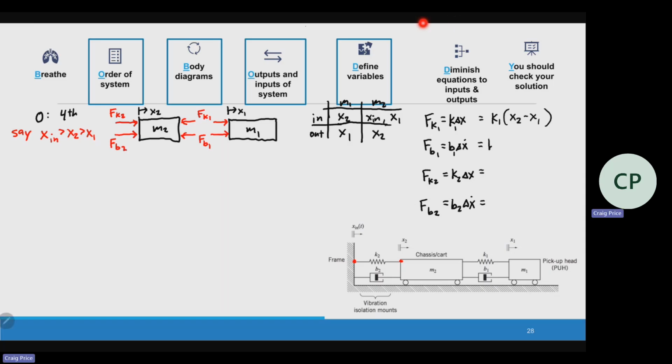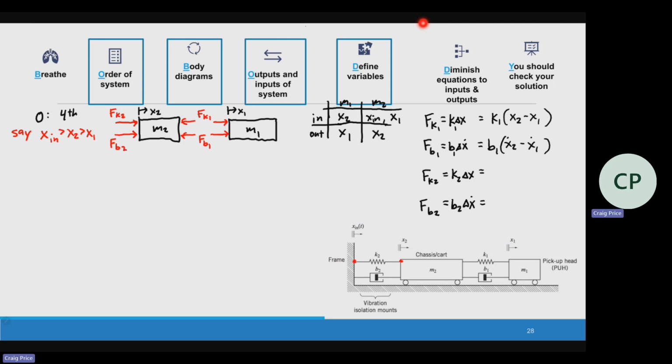What about FB1? Now we're dealing with velocities. So now we got the difference. Again, same direction, same arrow direction. Gonna look like that.